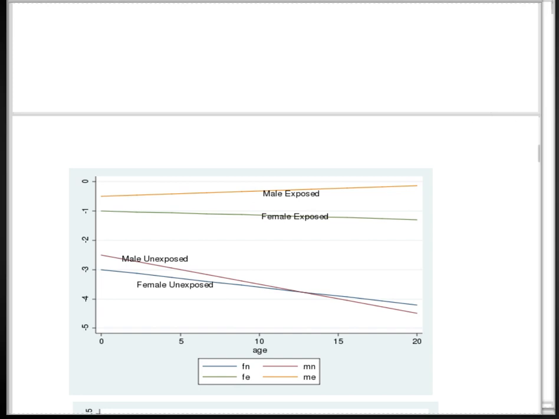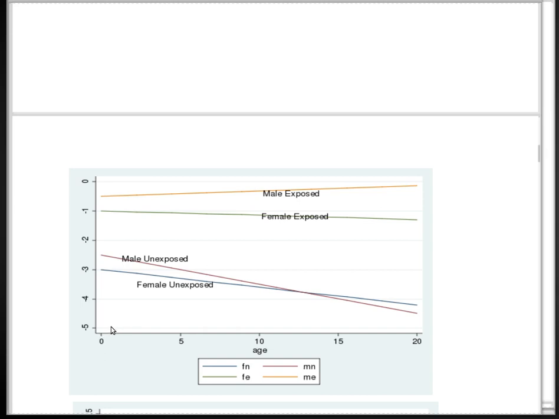Here are the lines in the log odds of disease for the four groups. Hard to make a clear observation here. But what I want you to notice is that when A is 0 here, the difference for the men is the same as the difference for the women.